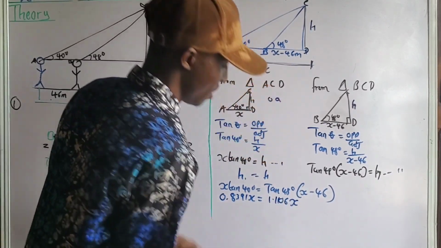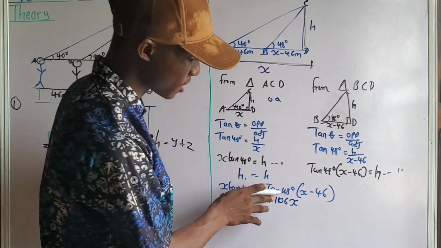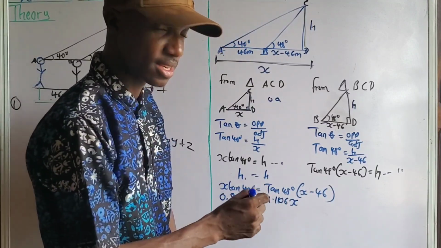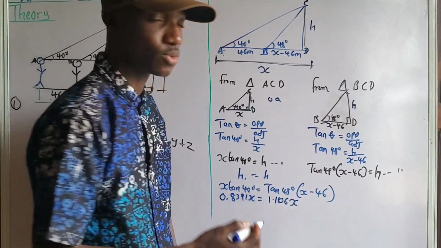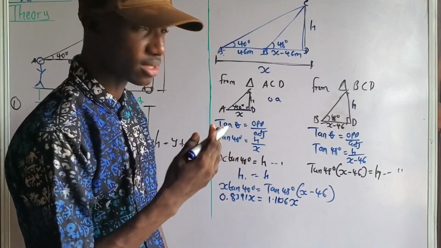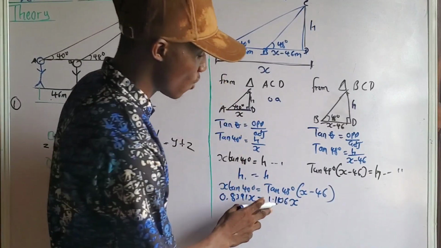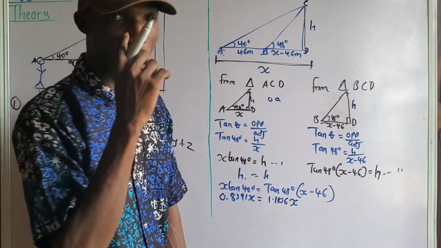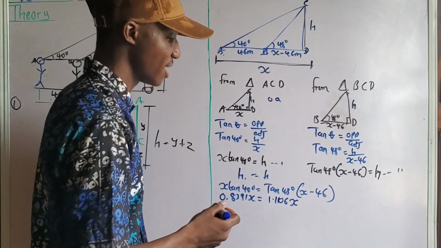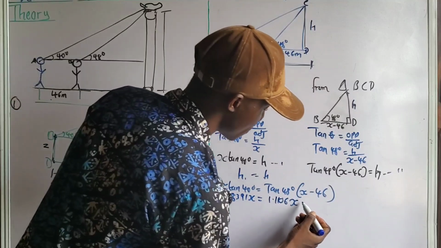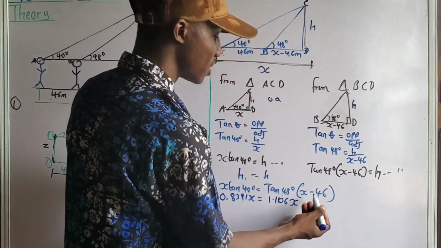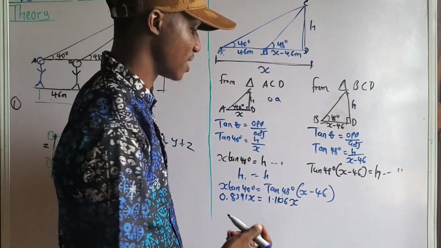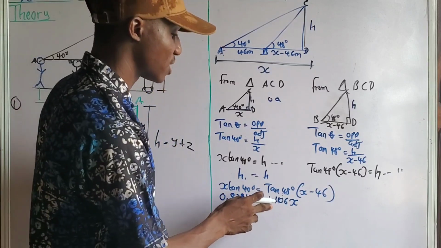Listen to me carefully. Tan 48 degrees is multiplying x, so that is x multiplied by tan 48 degrees, and tan 48 degrees is 1.1106. So 1.1106 multiplied by x is 1.1106x. For the second one, we also multiply tan 48 degrees by negative 46, and tan 48 degrees is 1.1106.